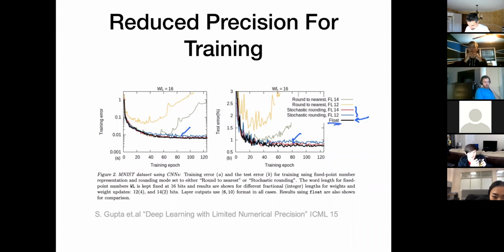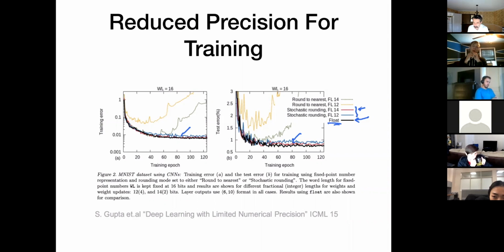So these digits, integer representation also would converge the same way as floating point.